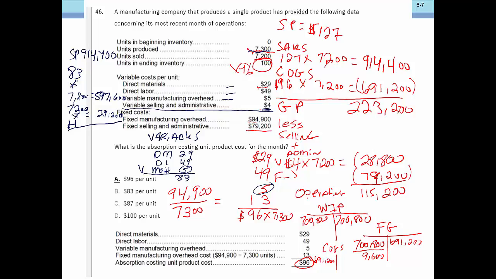Since I'm going to expense all of that, it's $4 per everything, because I'm trying to expense all my selling and administrative costs. So 7,300 gives me 29,200.